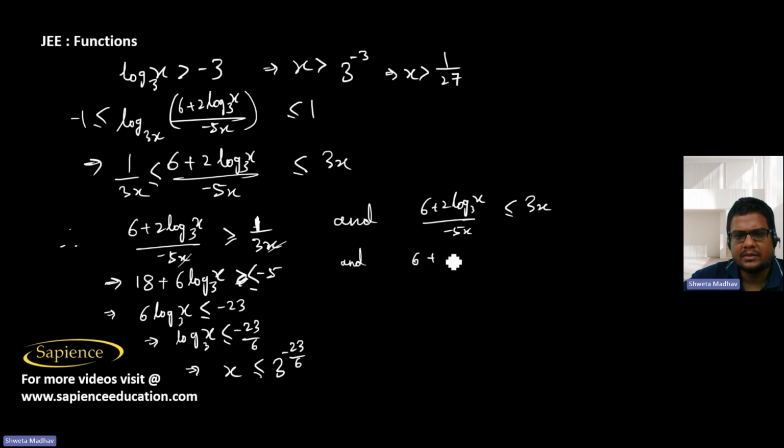And this will be x plus 6 plus 2 log x base 3, which is greater than or equal to minus 5. This is minus 15x square. So it means that 15x square plus 2 log x base 3 plus 6 is greater than or equal to 0.